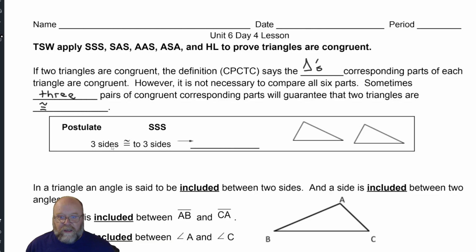It states if you have 3 sides in one triangle that are congruent to 3 sides on a different triangle, so let's say we have A, B, C. If you have 3 pairs of congruent sides, then your triangles are congruent.